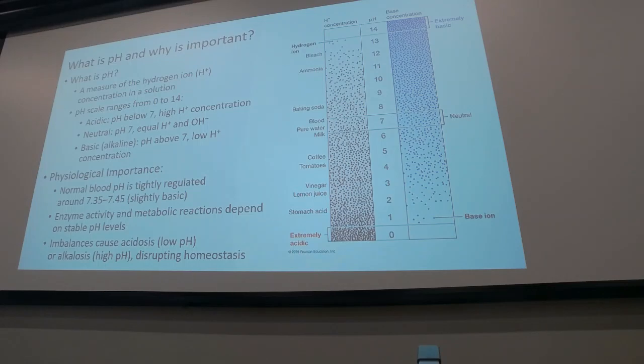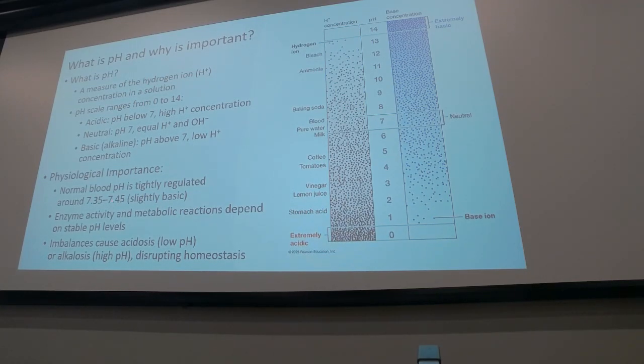It's a highly basic molecule. Acidic pH is when something is below 7, basic when something is above 7. Anything that is 7 is neutral because you have equal numbers of hydrogen and bases.